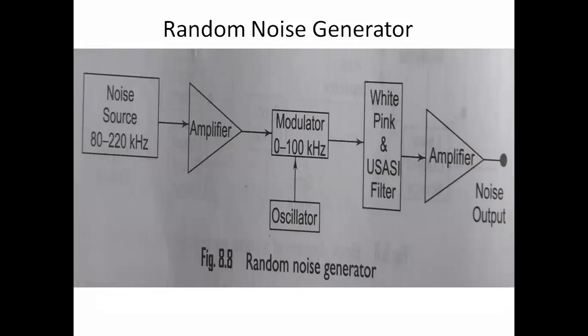Random noise generator is also one of the important signal generators. All of you know that noise is nothing but an unwanted signal, which generally interferes with the actual signal. With this random noise generator, we can produce the output in the audio frequency range.